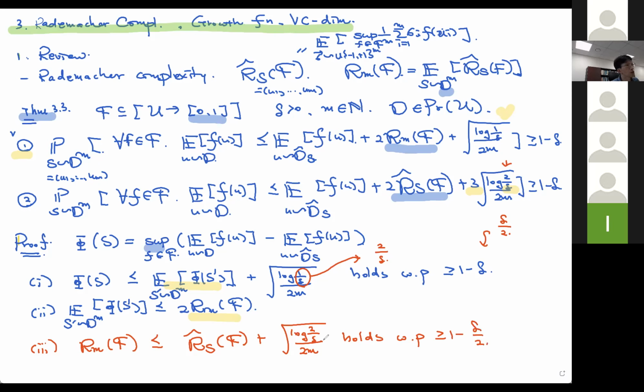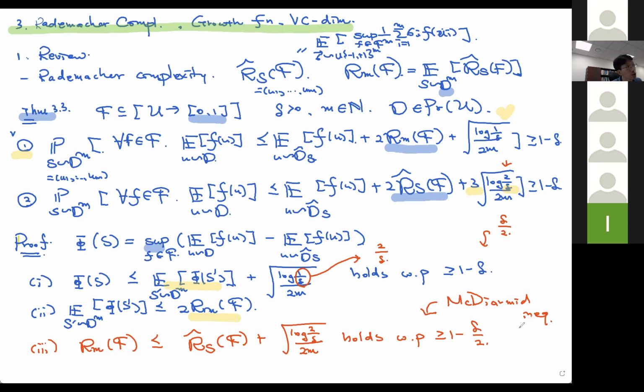This again can be proved by applying the McDiarmid inequality. This time, the McDiarmid inequality says we have a collection of independent random variables, and some function applied to that collection.